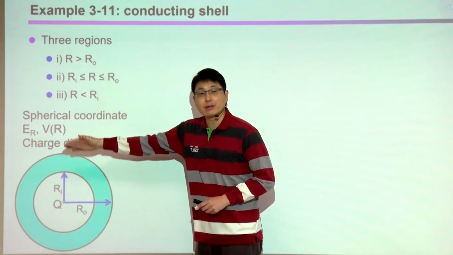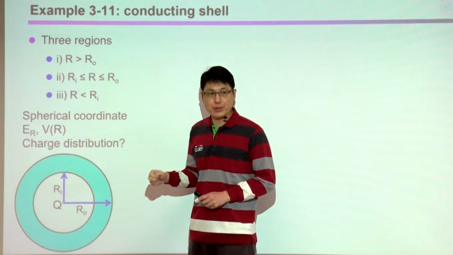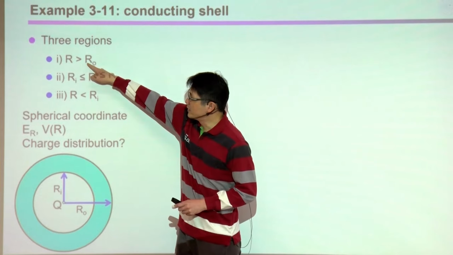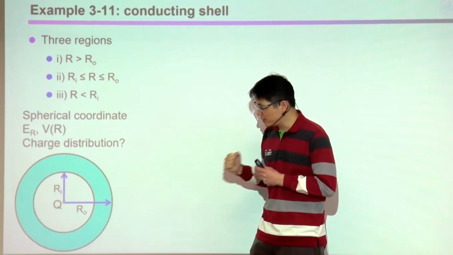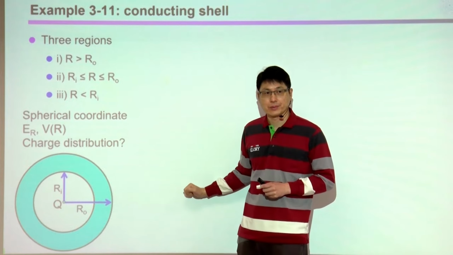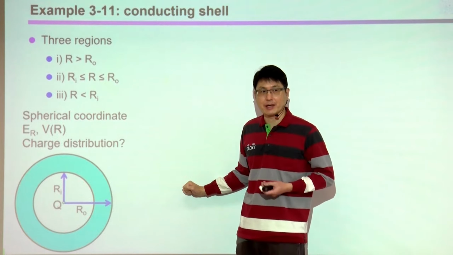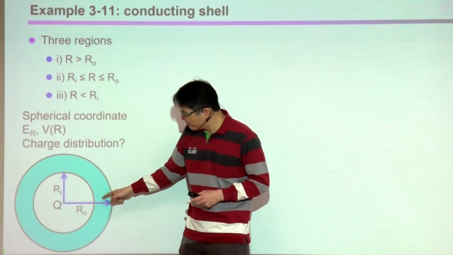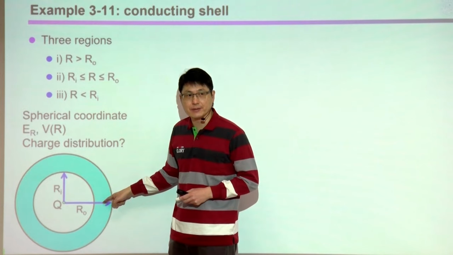So let me walk you to the board, but before we do that, we are going to analyze this problem in 3 different spatial regions. The first one is my observer is outside of the shell. I'm going to invoke Gauss's law. Second region is if the observer is within the shell.